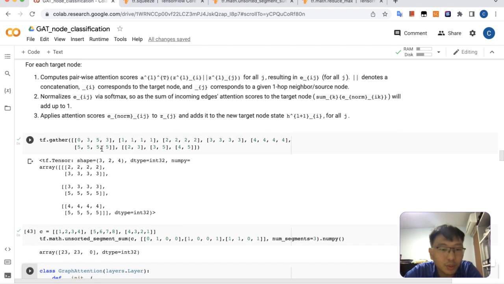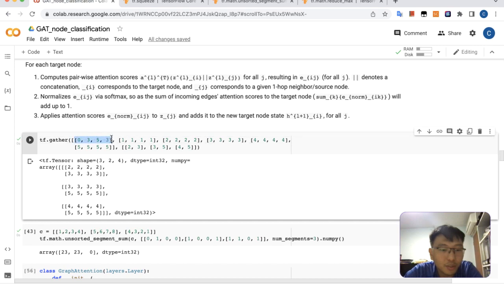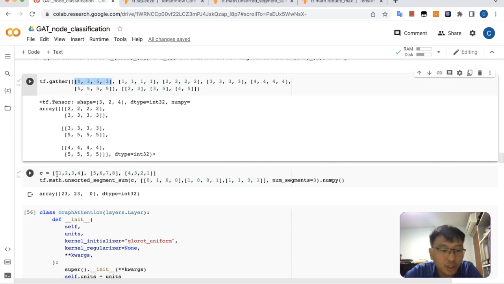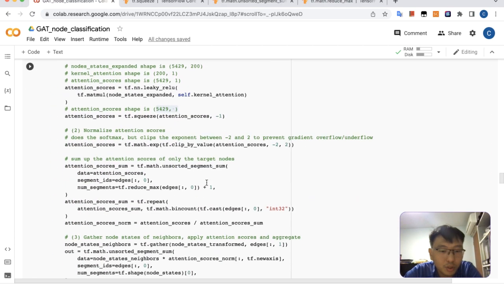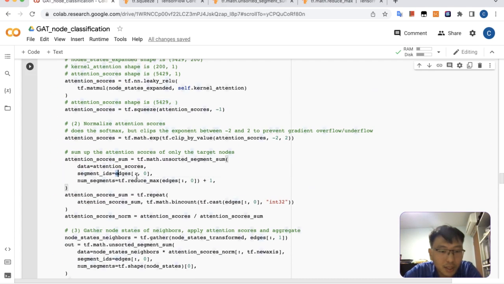I guess if you want to do here, the shape is four over here. Sorry, the shape is four inside here. So we kind of need to put four inside here. Okay, let's see if we were to. So this ages zero is a total of 5429 ages as segment IDs.